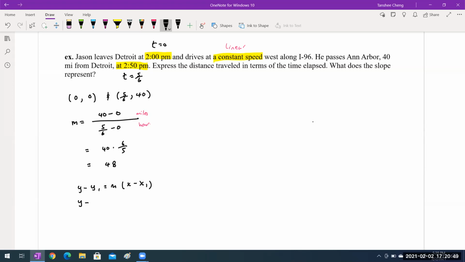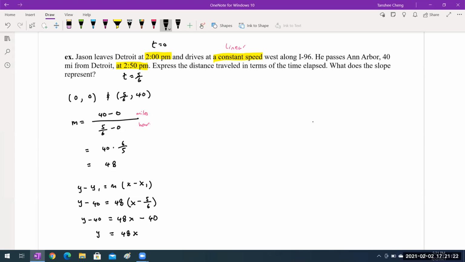I can use 40, and then the slope will be 48, times x minus 5/6. No preference, I'm just writing it out. Using the second point, you can use the first point also, which is easier. This will be 48x minus 40. When I add 40 on both sides, this will be 48x. So now I'm done with all the formulating.